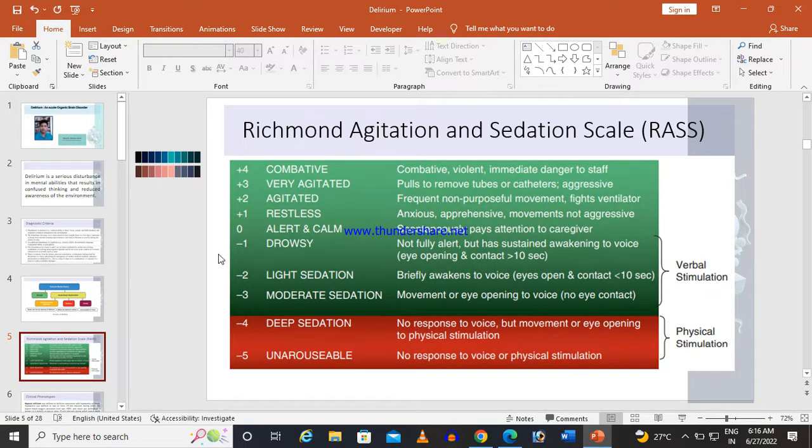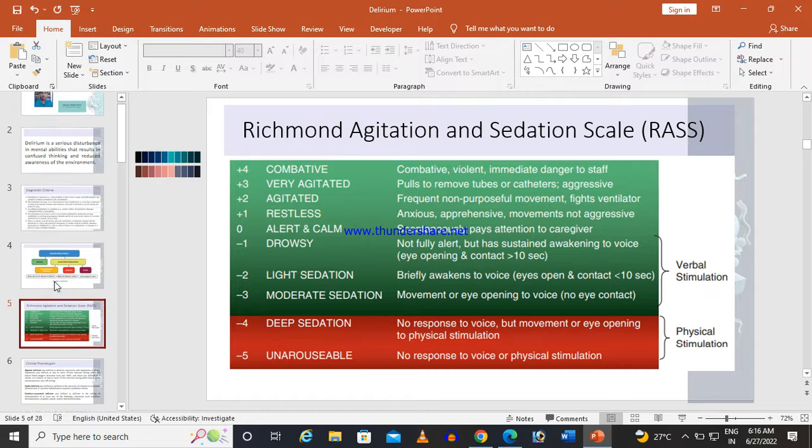So this is a sedation scale, the Richmond Agitation and Sedation Scale. These numberings are used, from +4 to -5. This will be used to evaluate the severity of delirium.